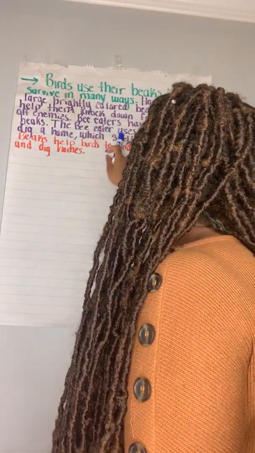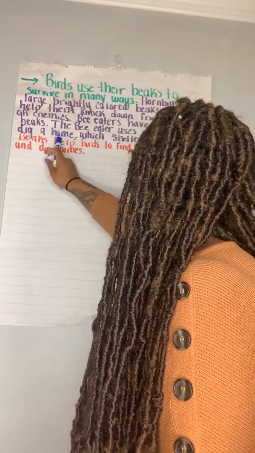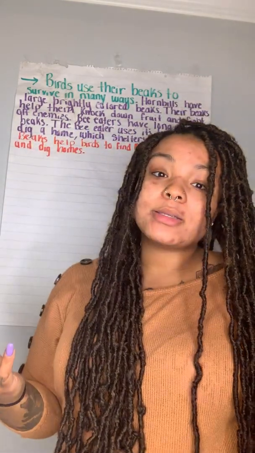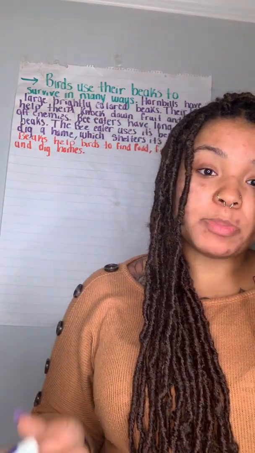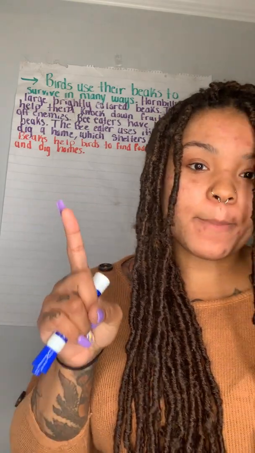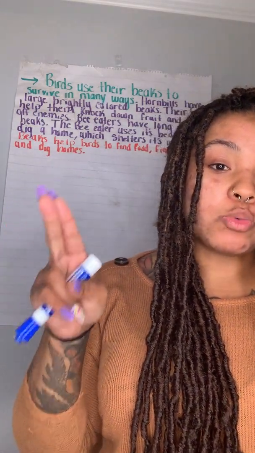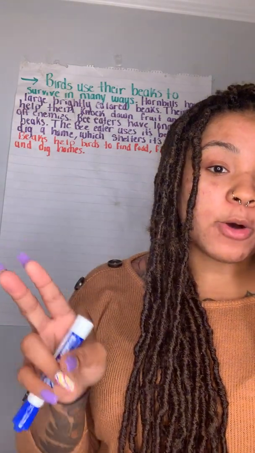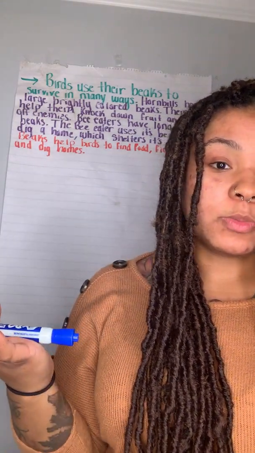The bee eater uses its beak to dig a home which shelters its young. And now I just told you what my second bird's beak does. So my first bird was the hornbill. My second bird was the bee eater. I told you what both of those birds' beaks look like, and I told you what both of those birds' beaks do to help it survive.